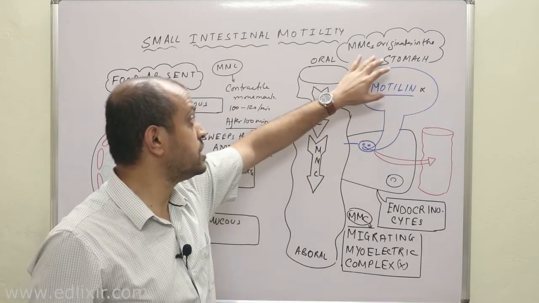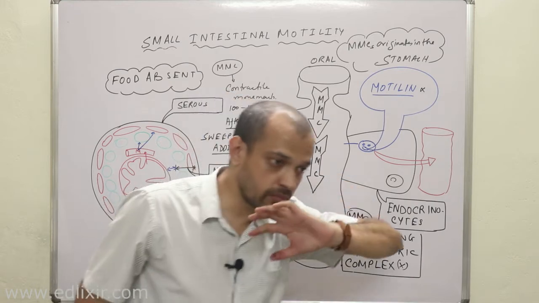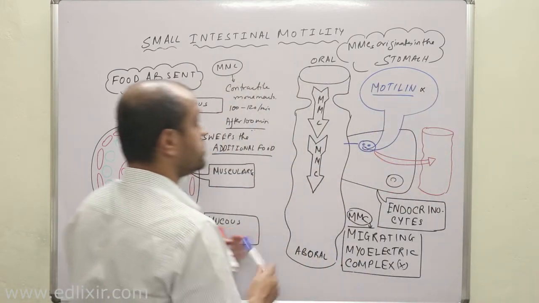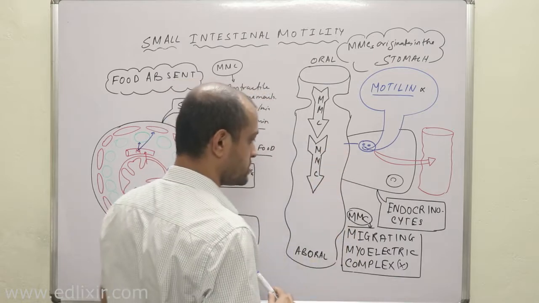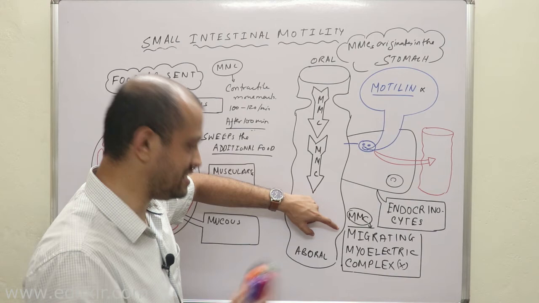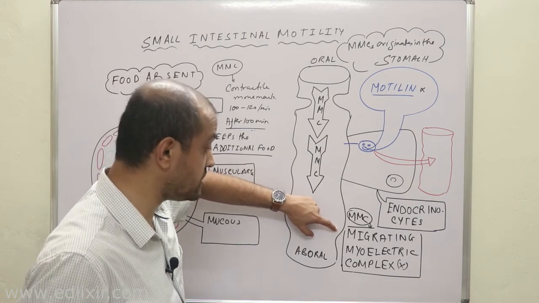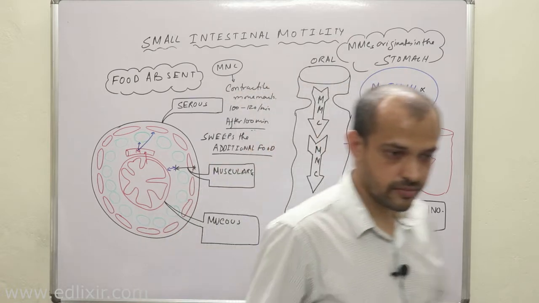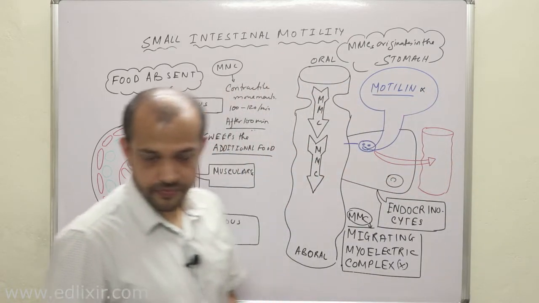Clear? That means when there is no food in the stomach, when the stomach is empty, then motilin will perform its function. It will regenerate, or generate, migrating myoelectric complex. Okay, clear?